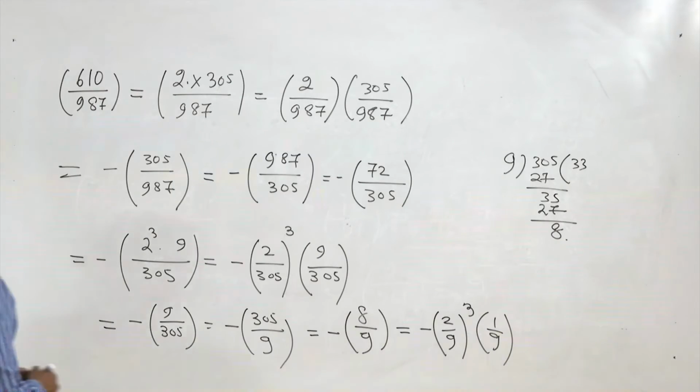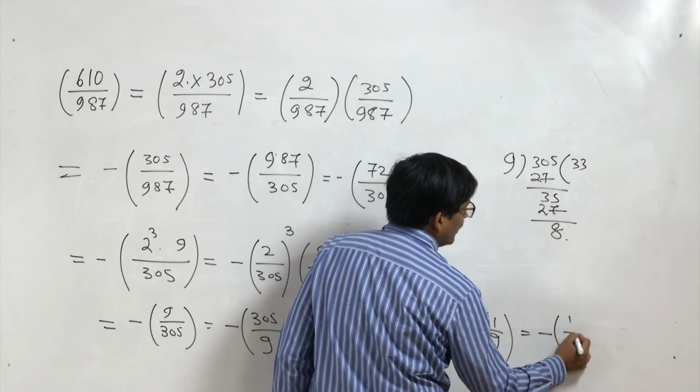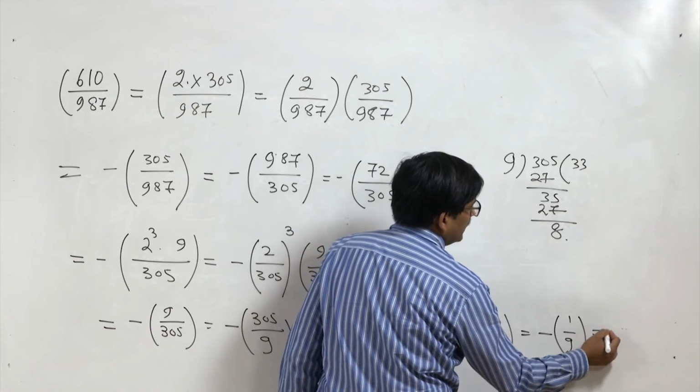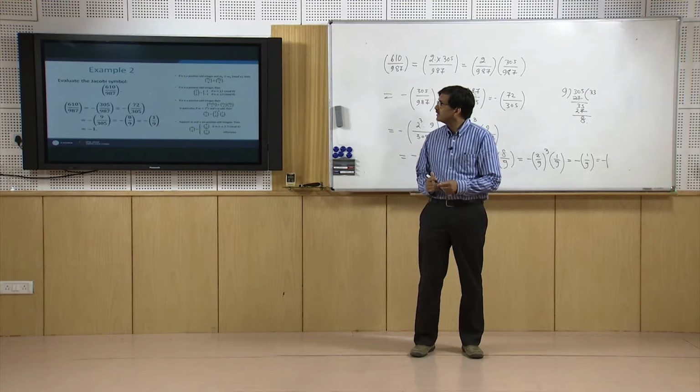So, this is 1. So, I will have minus 1 by 9, and 1 by 9 is 1. So, I have minus 1. So, that is the answer.